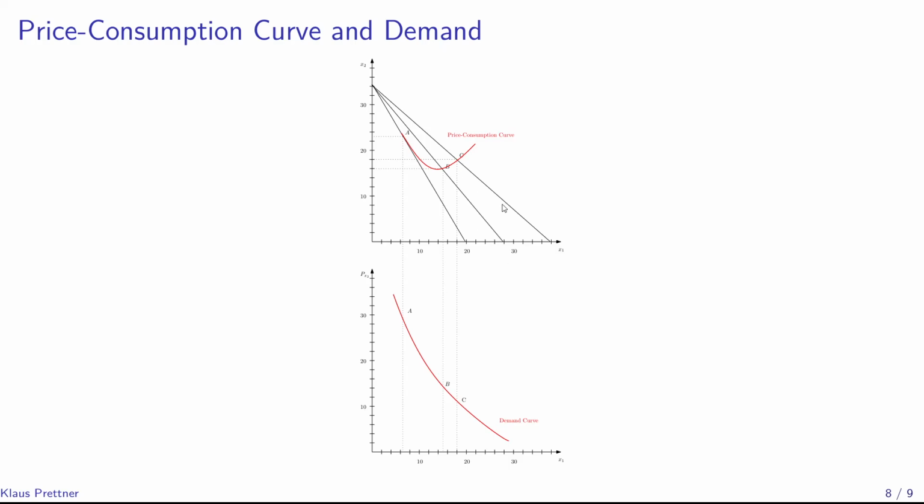And if the price decreases further, we come to point C, where the price is even lower and consumption is even higher. So we see that each of the points on the price consumption curve corresponds to one of the points on the demand function, and that also means that every point on the demand function is one of the utility maximization outcomes for the household for the different price levels.